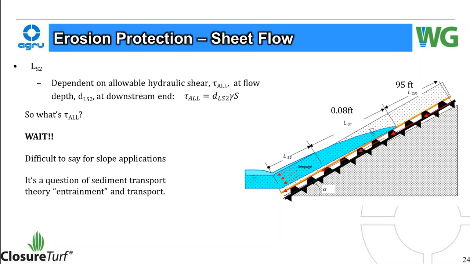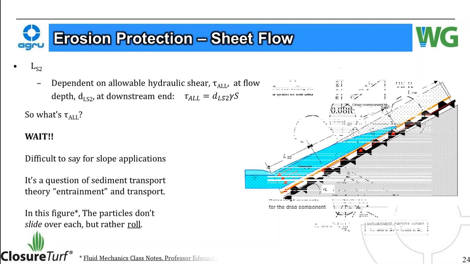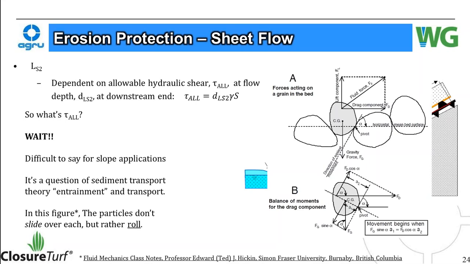It's also a question of sediment transport, entrainment and transport of the grains themselves, such as in this figure. The particles don't slide over each other, but rather they roll. So you're calculating the moment forces about this pivot point here from the weight of the sand grain versus the fluid forces that are trying to roll it over its neighbor.